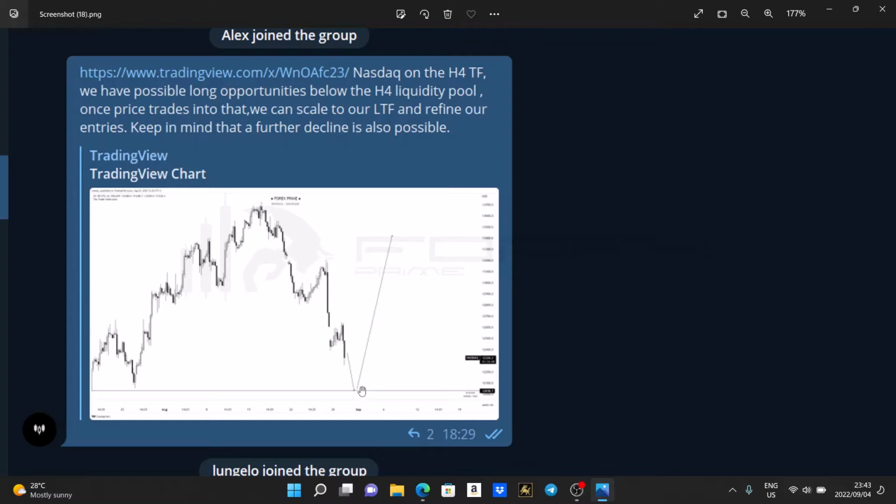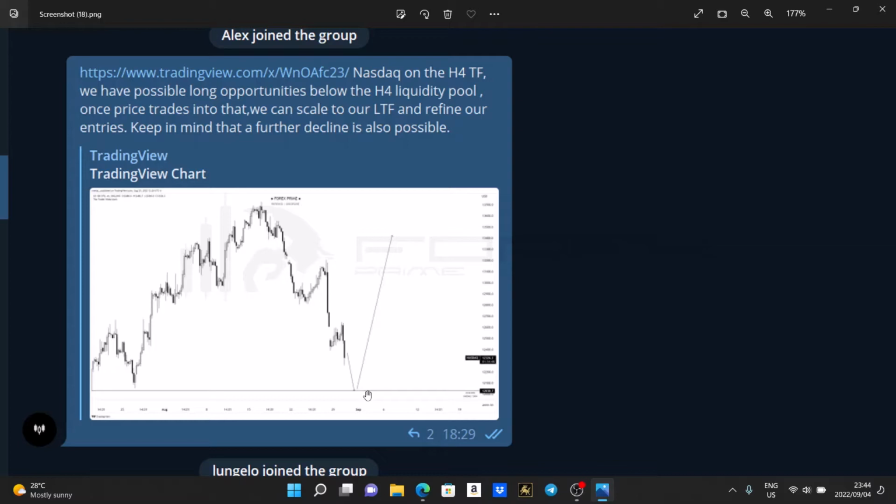So with that being said, I was waiting for price to get into this liquidity pool and look for an entry, but also keeping in mind that if we don't get an entry point, a decline is likely to occur.